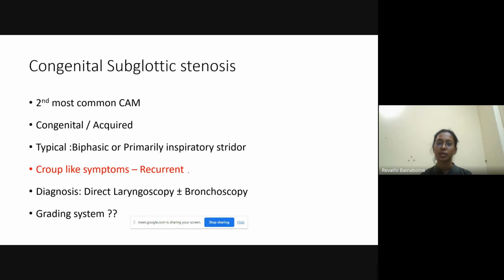So this is a subglottic stenosis, the second most common congenital airway malformation. It can be congenital or acquired. Typical presentation is biphasic inspiratory stridor.